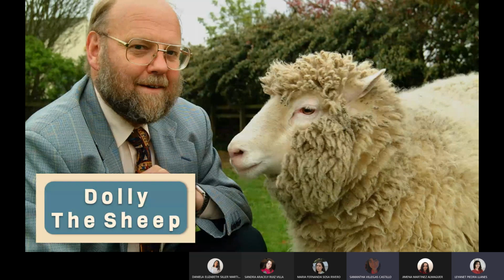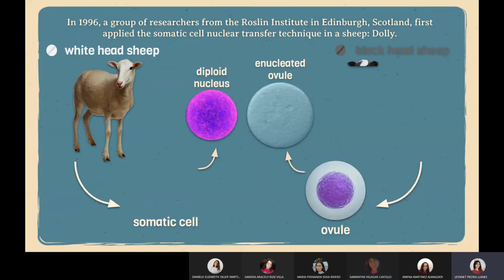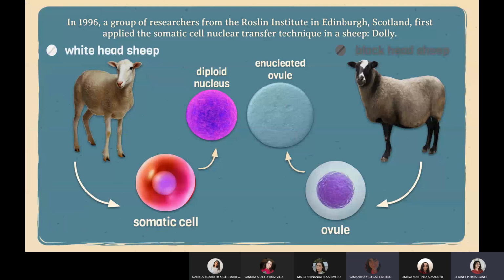Now, a real-life example of the cloning techniques applied is the case of Dolly the sheep. In 1996, a group of researchers from the Roslin Institute in Edinburgh, Scotland, first applied a somatic cell nuclear transfer technique in a sheep called Dolly. To do this, they used two sheep, one with a white head and one with a black head.